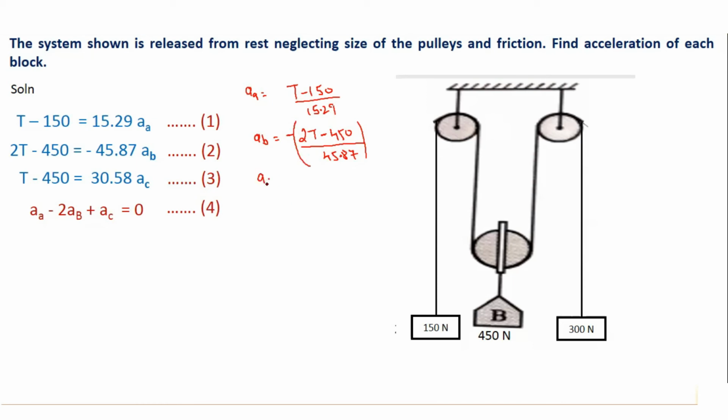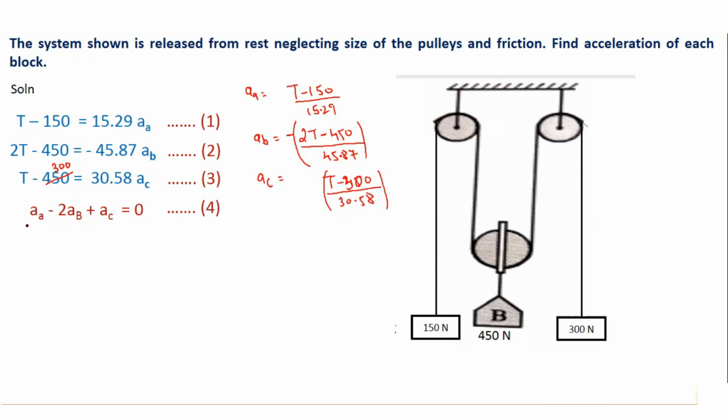And similarly I will get AC is equal to T minus 450, there is a mistake here, it should be T minus 300, divided by 30.58. So I got AA, AB and AC.